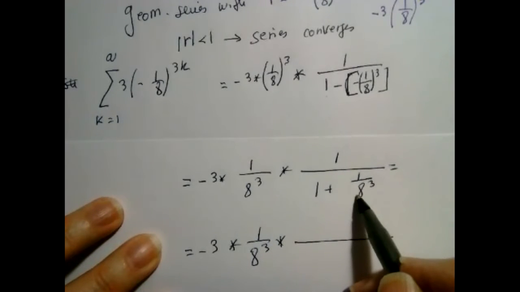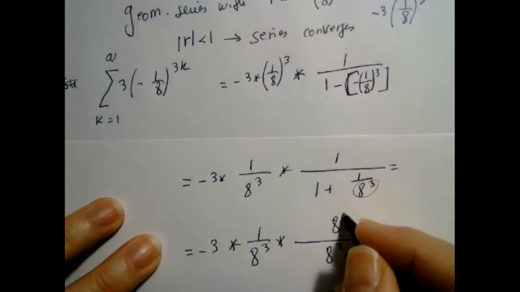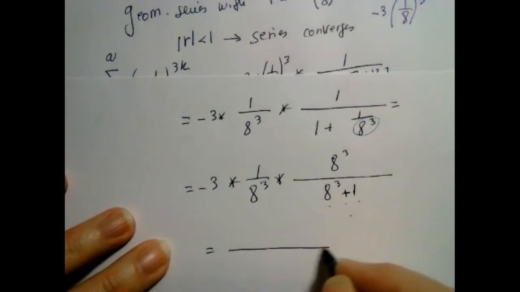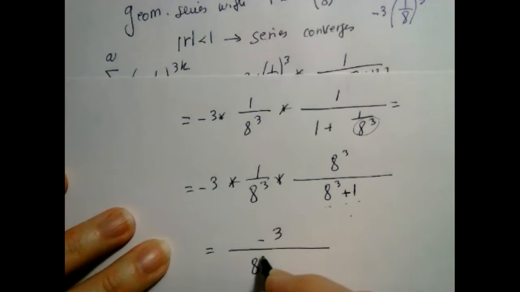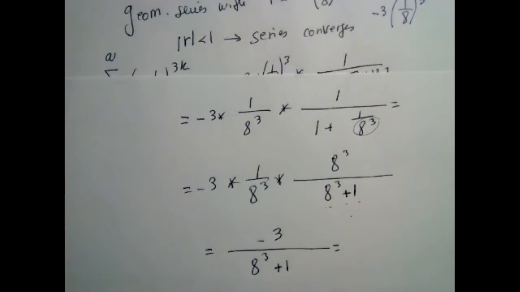Now, if I find a common denominator here, 8 over 3 will be a common denominator. So I will have 8 over 3 plus 1, divided by 8 over 3. It's just multiplying the numerator by 8 over 3. So finally, I will end up with minus 3 over 8 to the 3 plus 1, which is, I have no idea what it is, but you guys can figure this out.